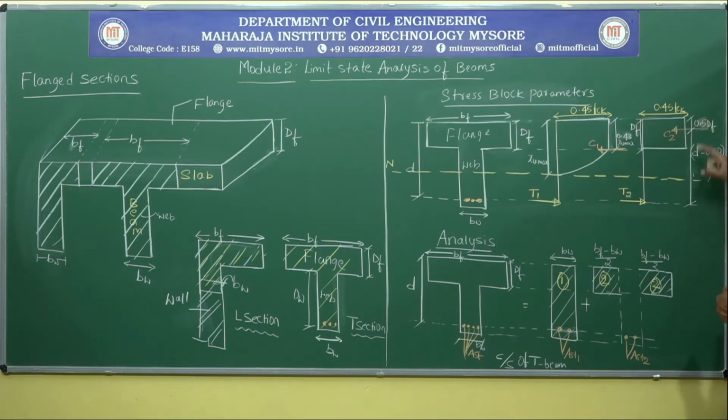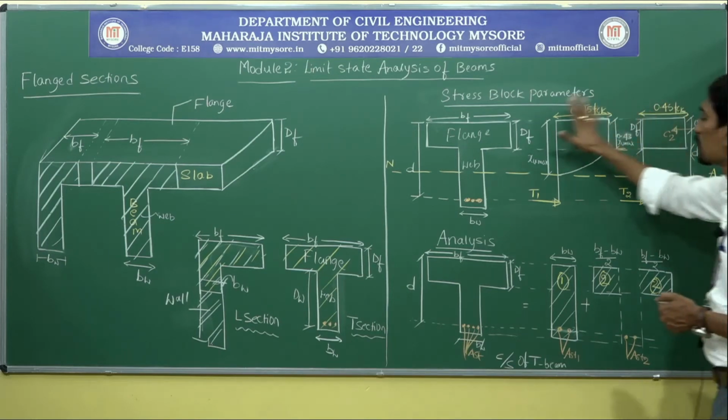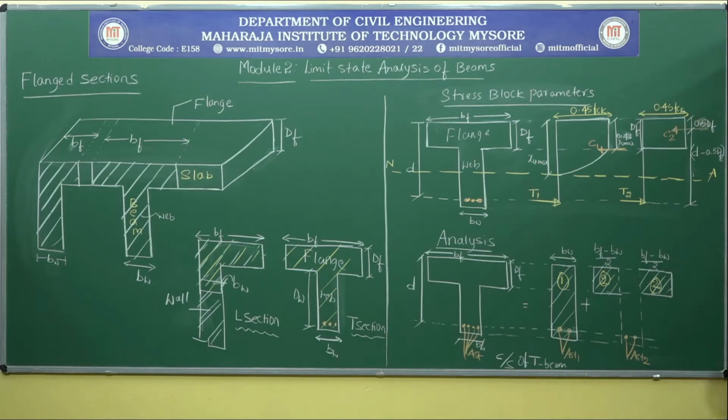Next, the distance of C2 from this end to the centroid of the tension steel is equal to d minus 0.5 DF, because you already know d minus this distance will give you d minus 0.5 DF. So this is the stress block variation of a T section or a flanged section.